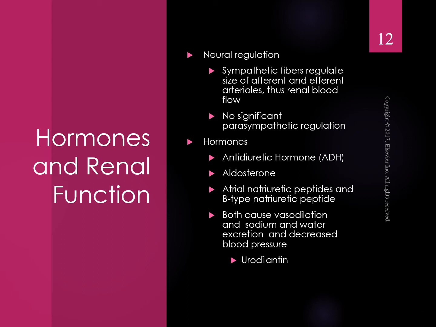So when we're talking about the atrial natriuretic peptide and the B-type natriuretic peptide, the atrial is made in the overstretched atria, and the B-type natriuretic peptide is made by overworked ventricles.